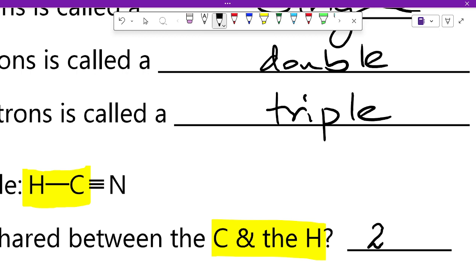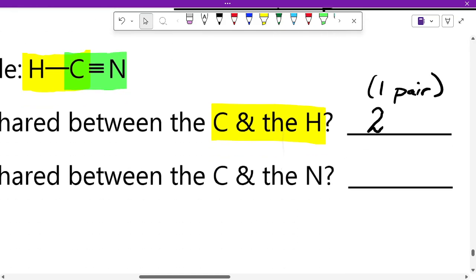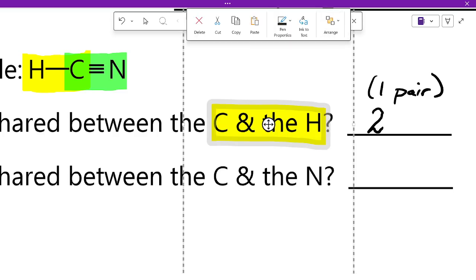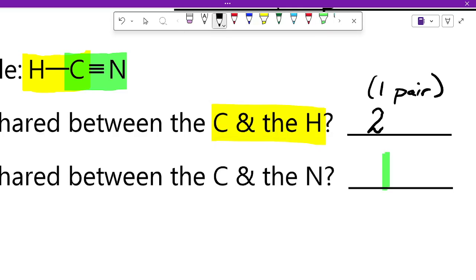There's two, one pair. How many electrons are shared between the carbon and the nitrogen? Zoe? Six. Three pairs. Okay? Is that good? All right.